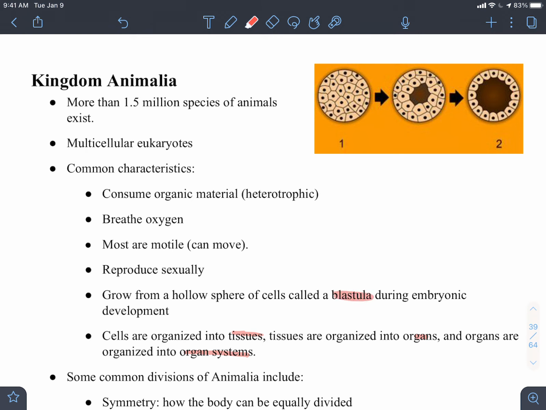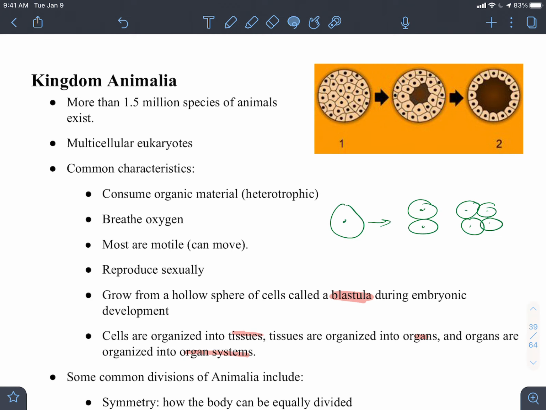So the blastula. I'm just going to briefly talk about blastula. I remember in my first year biology class, we spent a lot of time talking about this, so this is something to keep in mind just a little bit. The blastula is this idea that you've got one cell, that cell divides like that, and then that cell will divide into four cells.